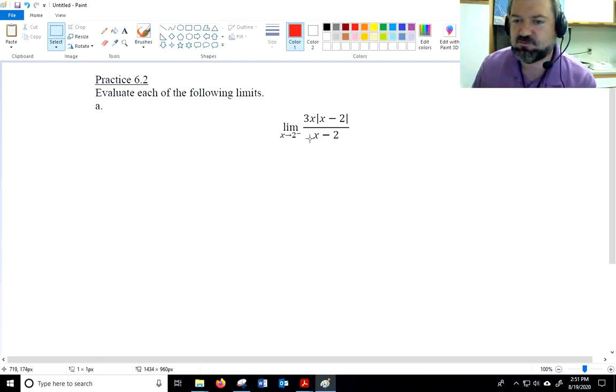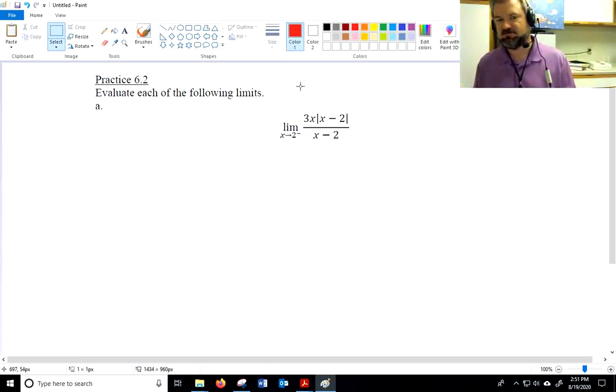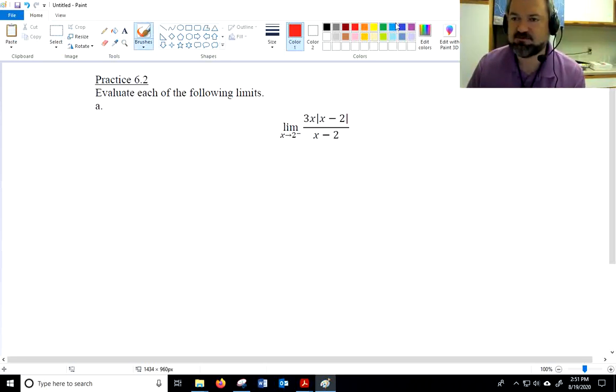All right. So this is an unusual one. We've talked about just directly plugging in and how some things are nicely behaved, limits that involve functions that are nicely behaved. What I mean by that is definitely no step function, definitely no piecewise defined function. And it's time that you start seeing the absolute value function as a piecewise defined function.